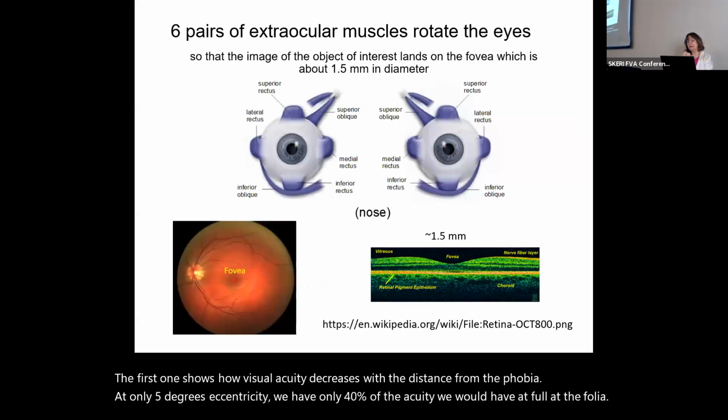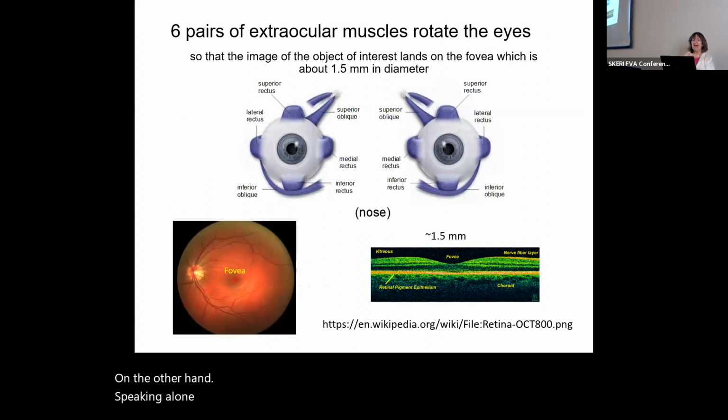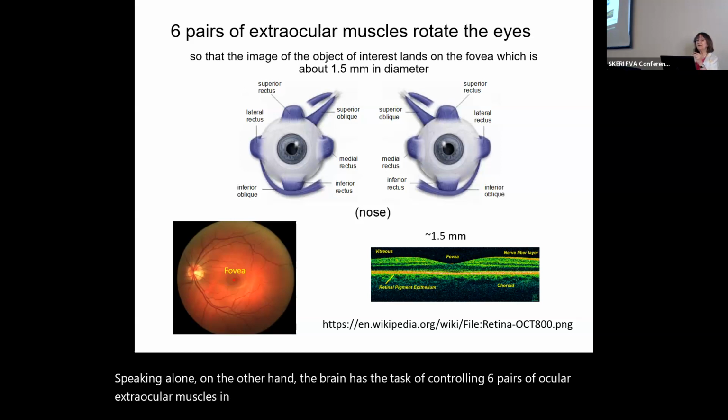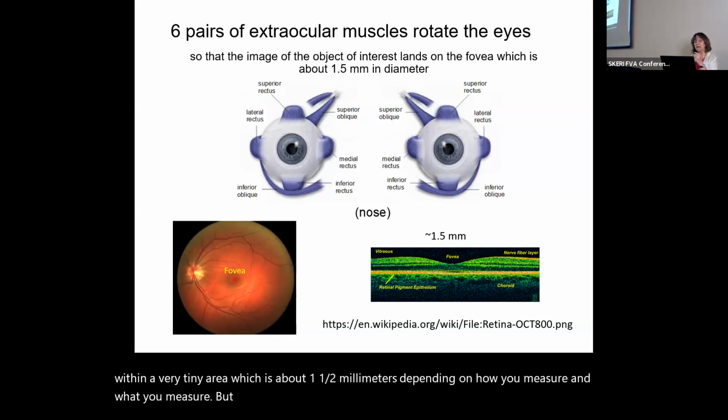On the other hand, the brain has the task of controlling 6 extraocular muscles in order to rotate the eyes so that the image of the object of interest falls within a very tiny area, which is about 1.5 millimeters, depending on how you measure and what you measure, but it's a very small area.